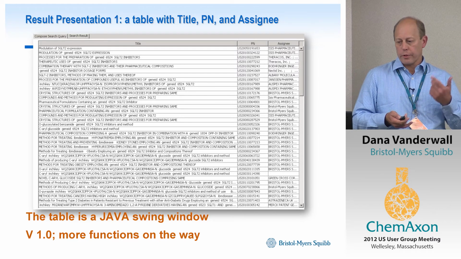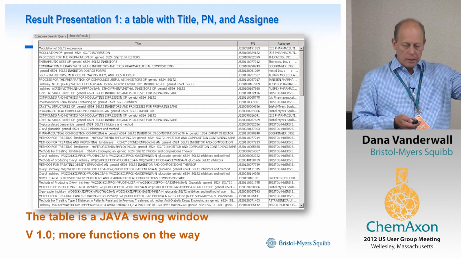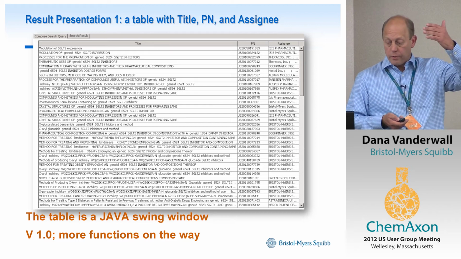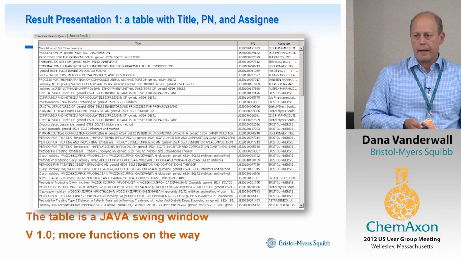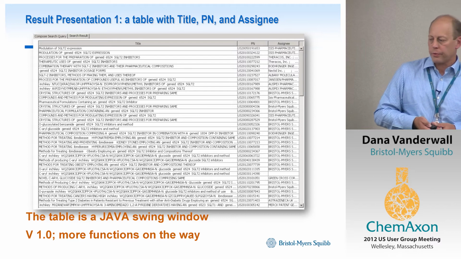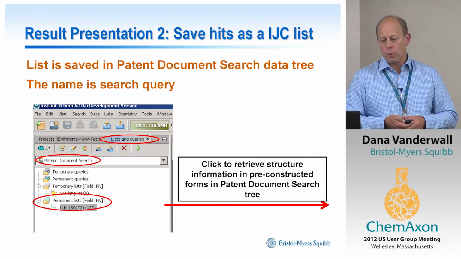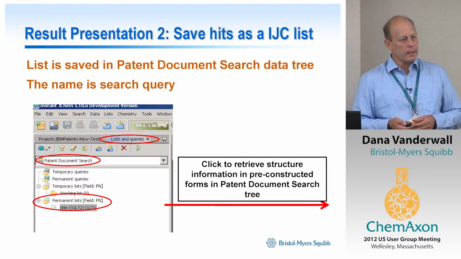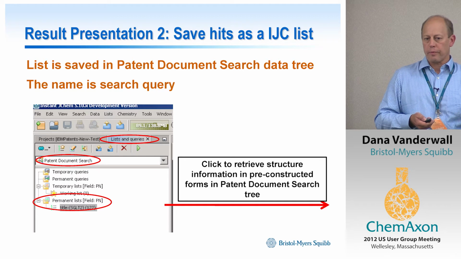It's the basic table: here's the title, here's the patent number, and the assignee. After a search, this gives the scientists or the patent analysts an easy way to scan through and ask, am I getting anything close to what I thought I would with this text search? But more than that, it's been wired in to populate the list manager with the list of patent numbers found from that search.